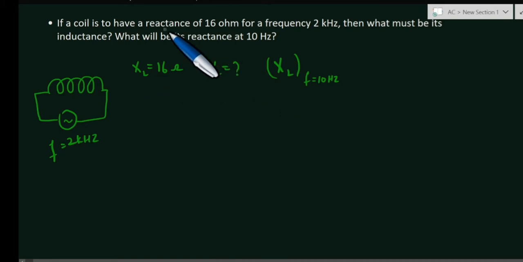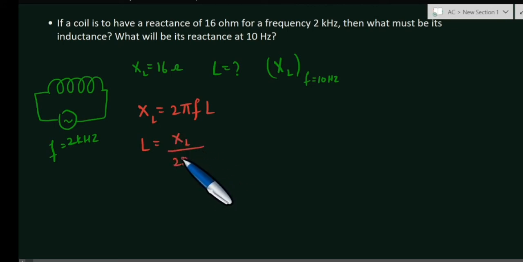So first we need to calculate the value of L. We have the relation between XL and L: XL is equal to 2 pi F into L. Then L is equal to XL divided by 2 pi F, that is equal to 16 divided by 2 pi, and the value of F here is 2 kilohertz, 2 into 10 to the power 3 hertz.